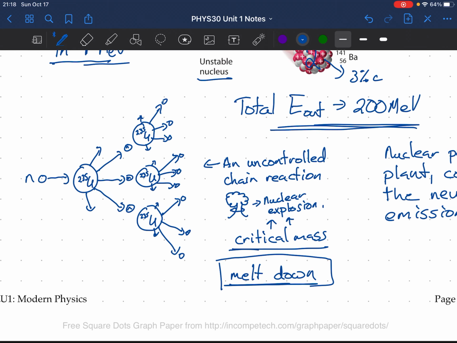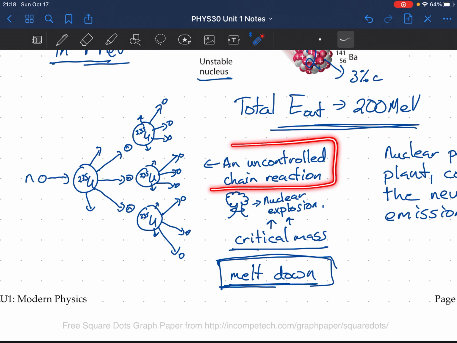In Chernobyl, when they shut down the safety systems to run their experiment on their automatic refueling system, those safety systems caused an error, and they got a little bit of a meltdown. So they got an uncontrolled chain reaction, but they did not have a critical mass of uranium-235 in the reactor core.